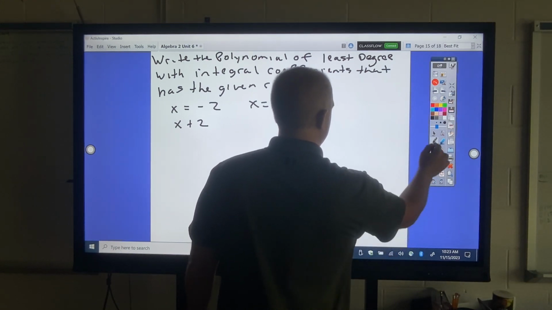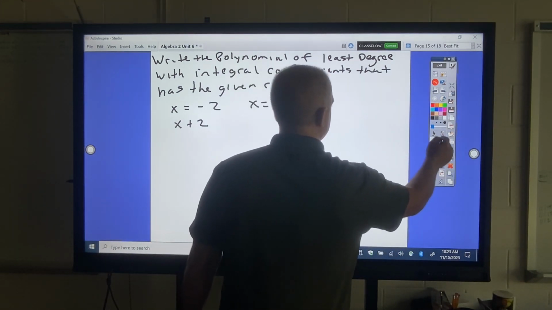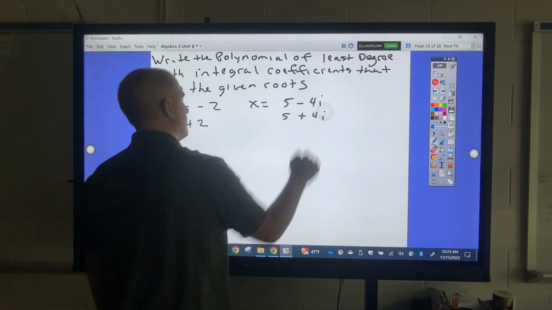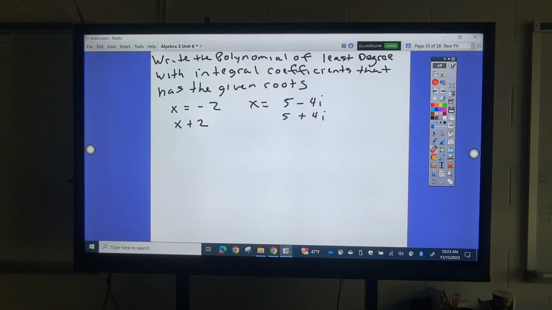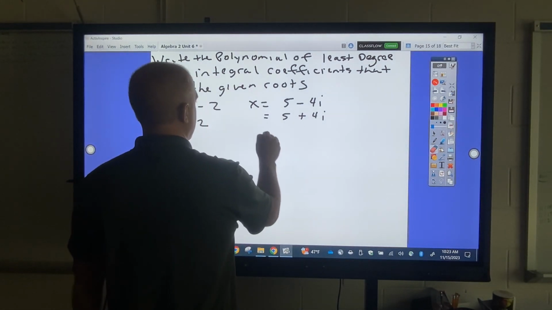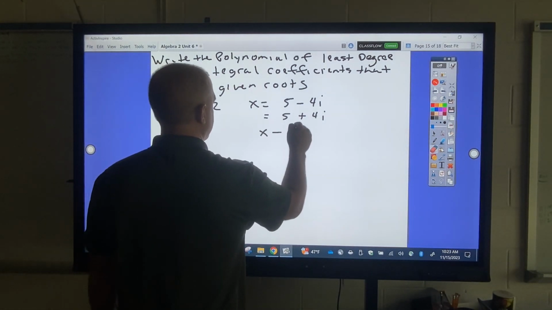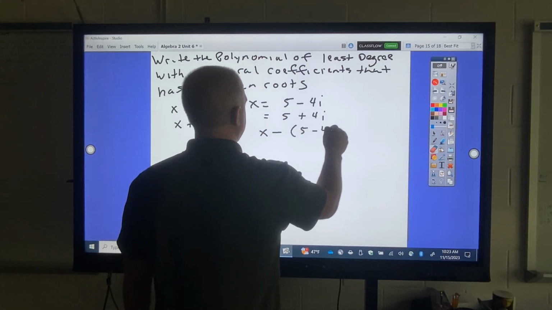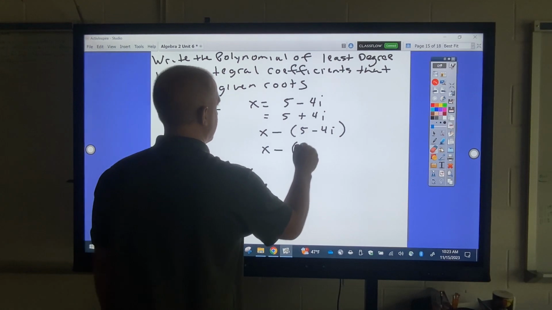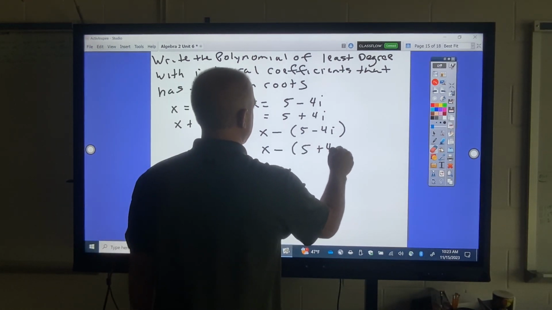So, with conjugates, if this is one solution, this should be the other solution. So what that's going to be is x minus 4 minus 5i. Move that over, it's x minus 5 plus 4i.